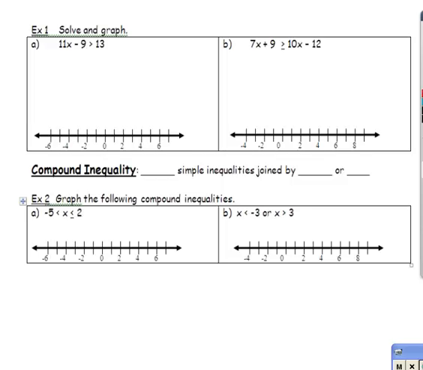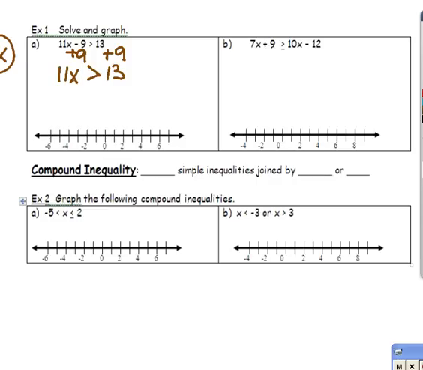I have to figure out how to get that x out, how to solve this problem without damaging it. So what do I undo first? I first undo the subtraction by adding 9. Okay, we will get 11x is greater than 13. Yes, and now we have a very nice problem that is easier to solve.